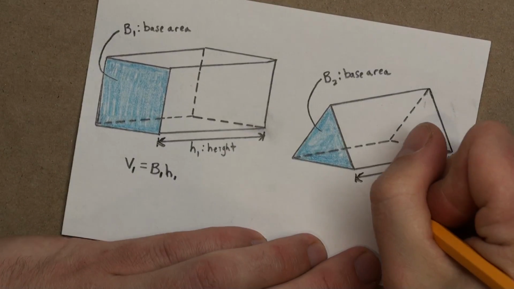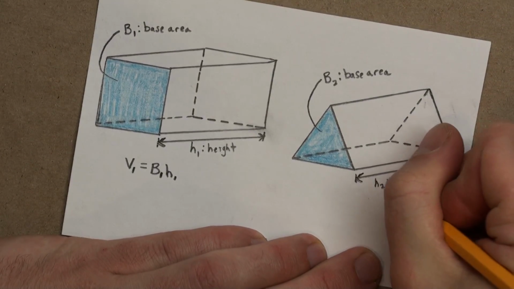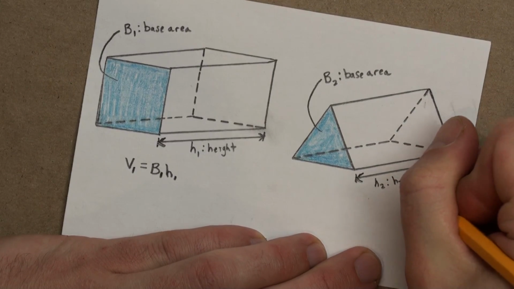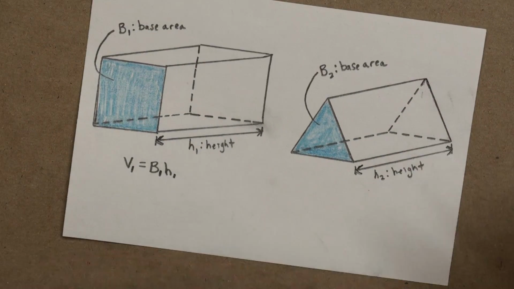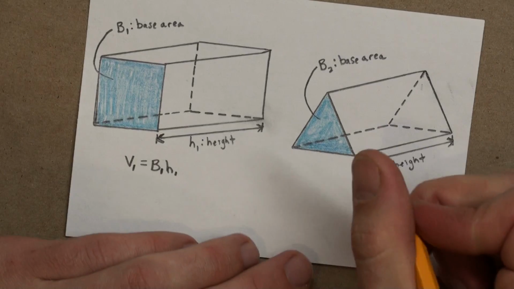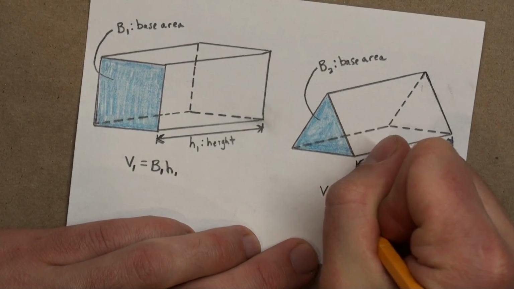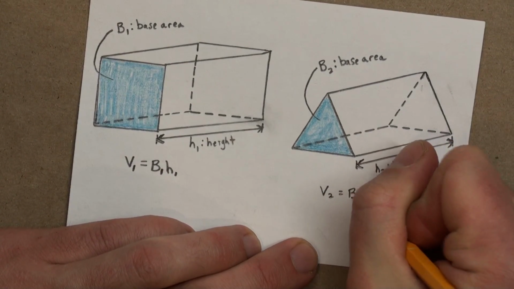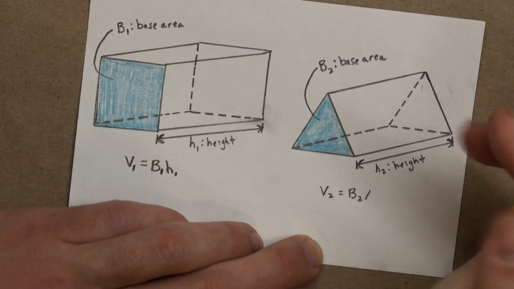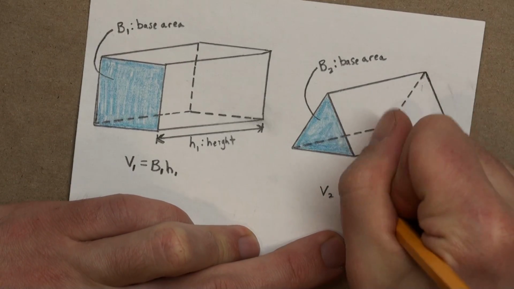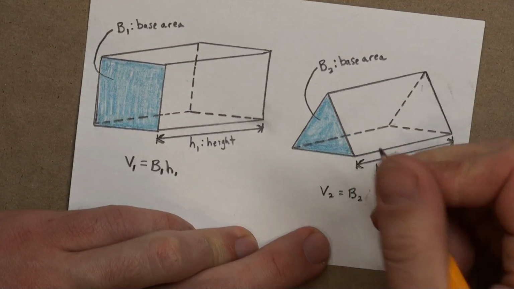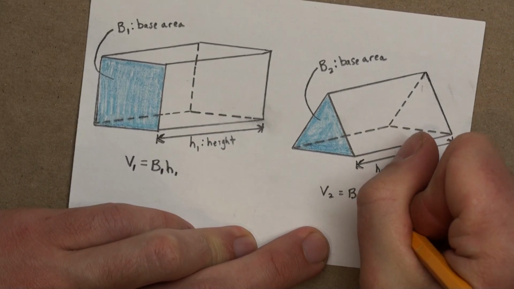Okay, and let's call this H2, which is the height or the altitude of this prism. And then the volume of this prism, V2, would be B2 times H2.